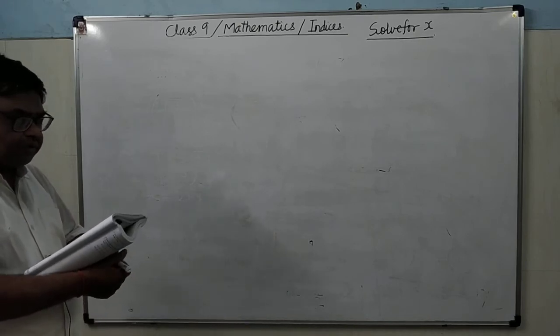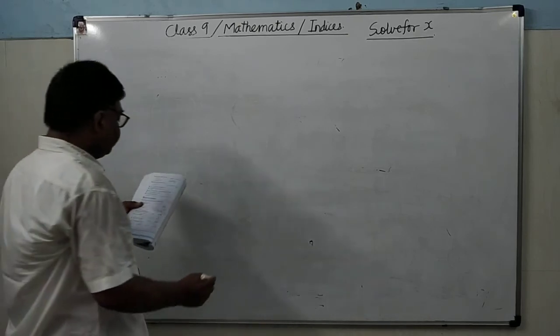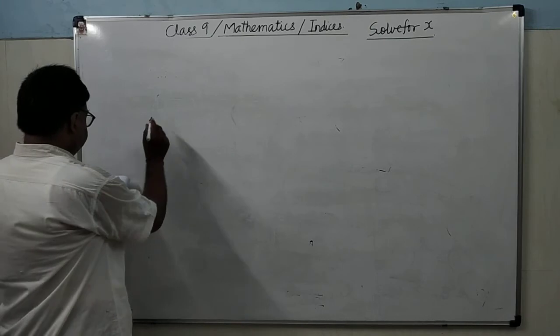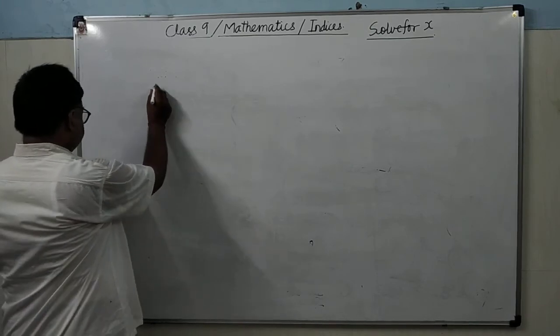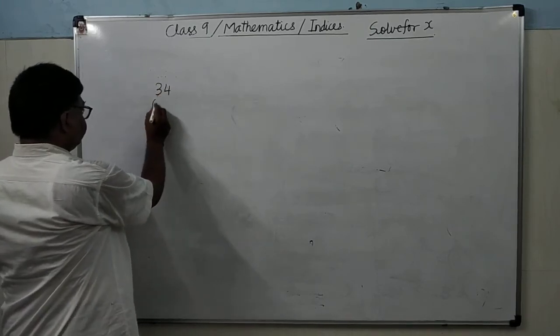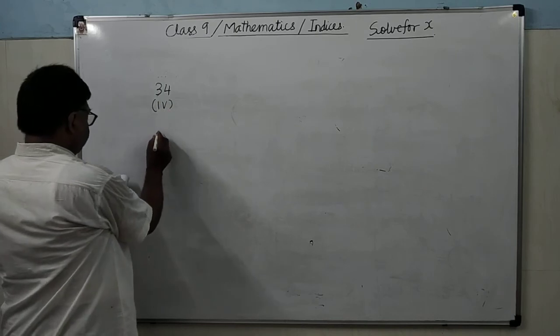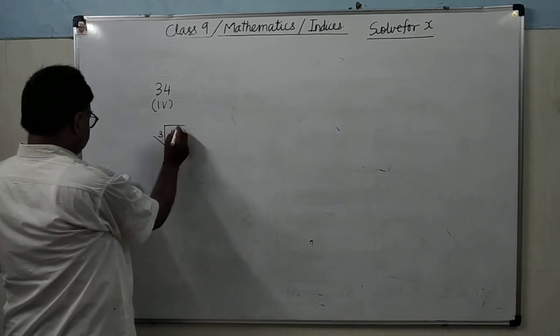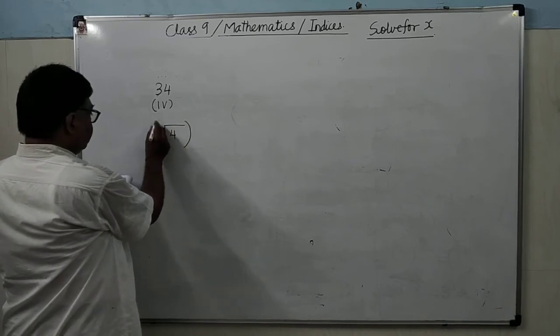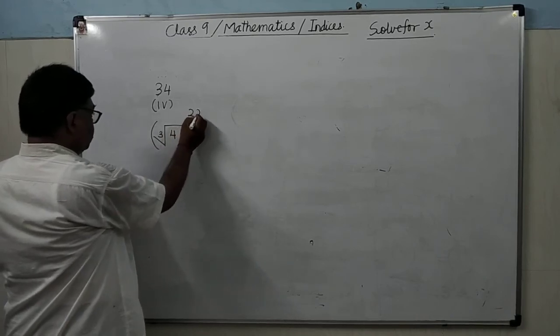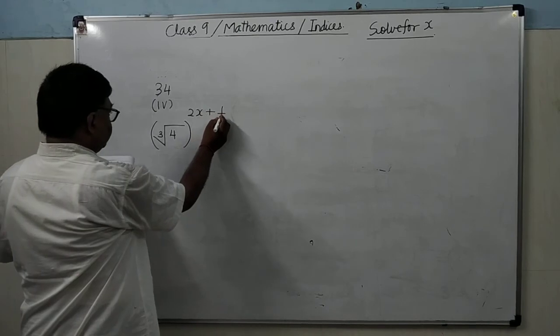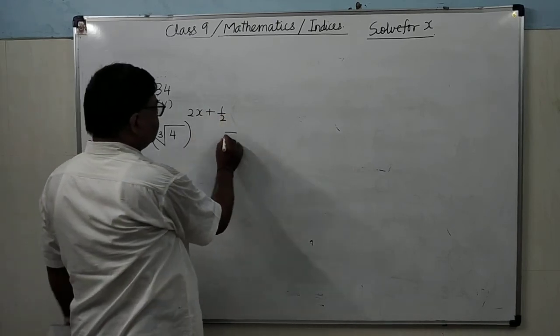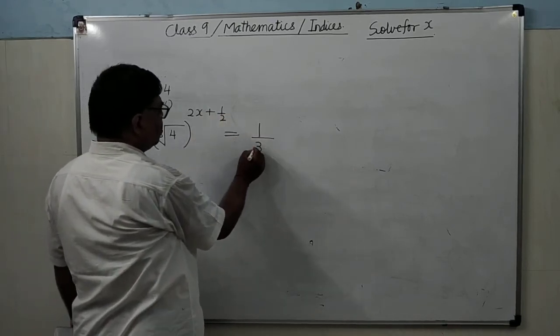now the fourth part of question number 34. It is cube root 4 whole to the power 2x plus 1 by 2 equals 1 upon 32.